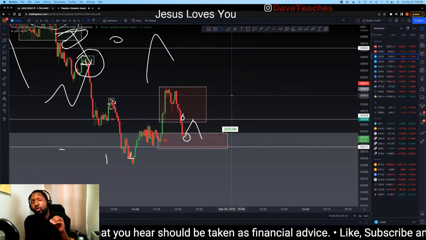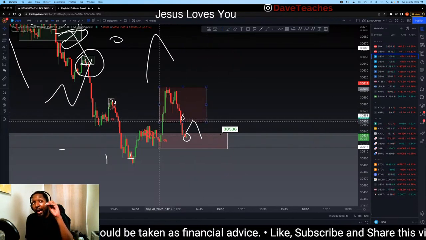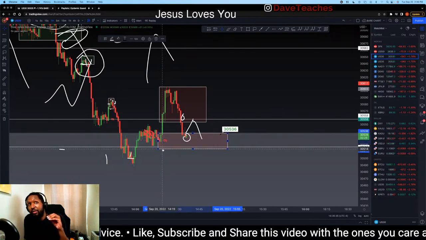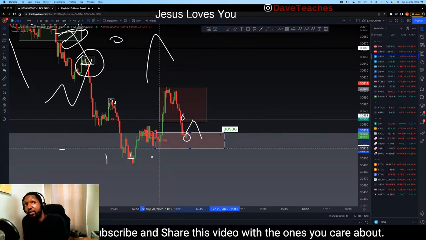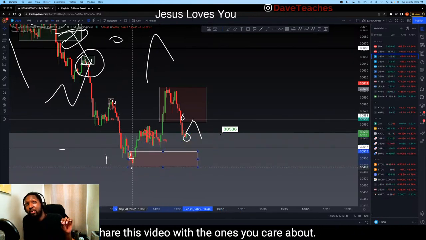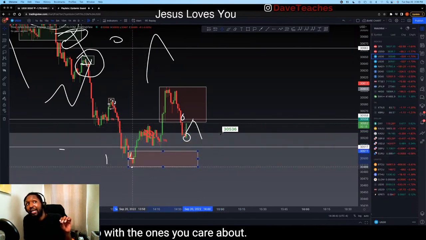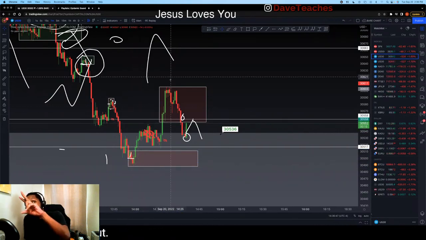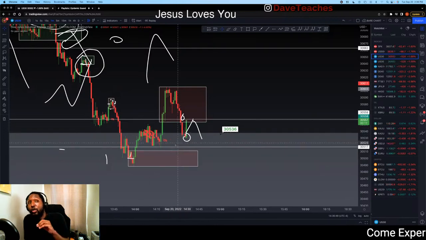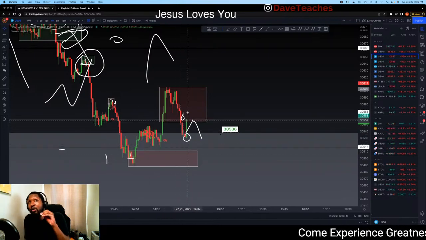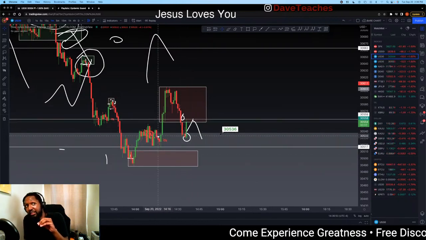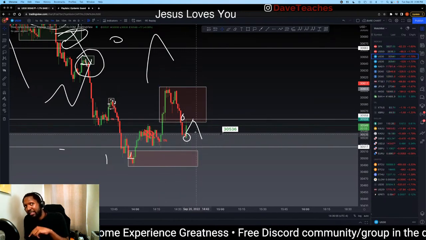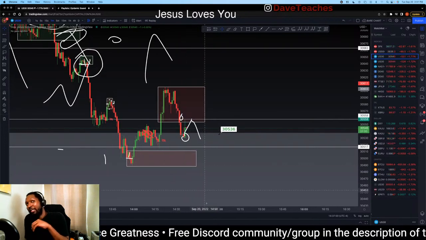Now granted, if this wasn't a setup here, if we were already here, then I would be looking down here. This is the last down area that sent price up. This is the beginning of the trend. So I would either look for here or here, or you might take it up to that, back to that, or down to here, up to there, down to there.